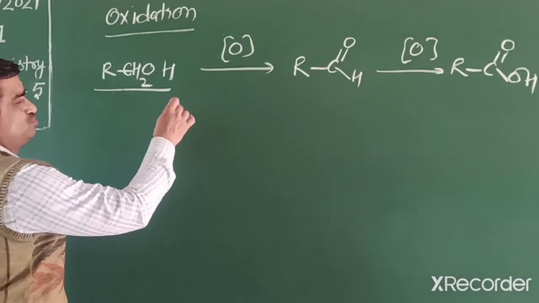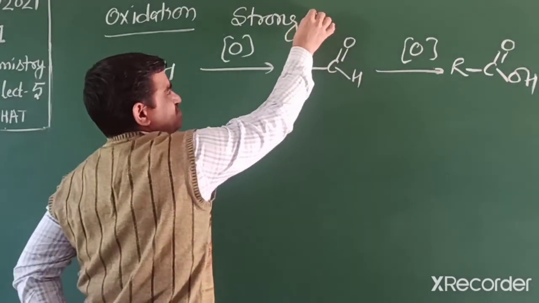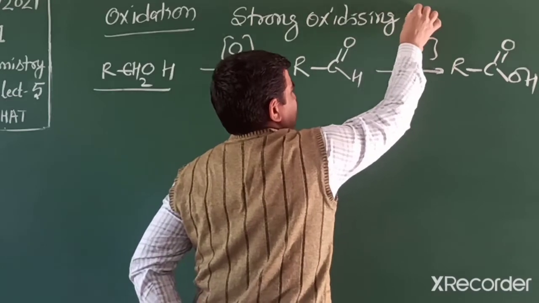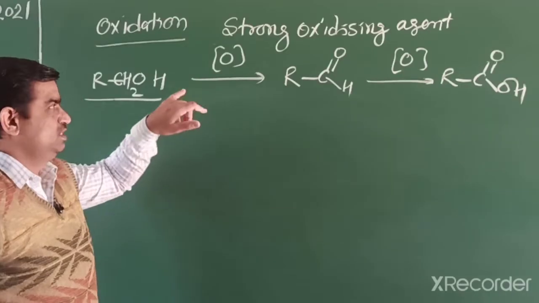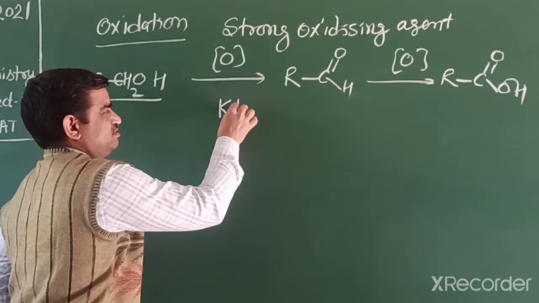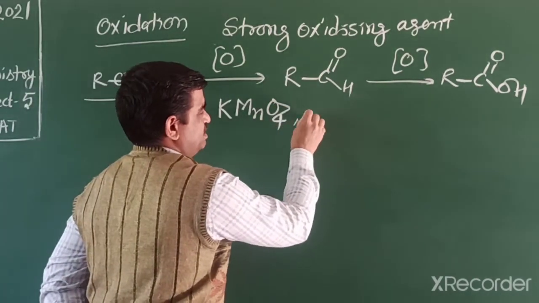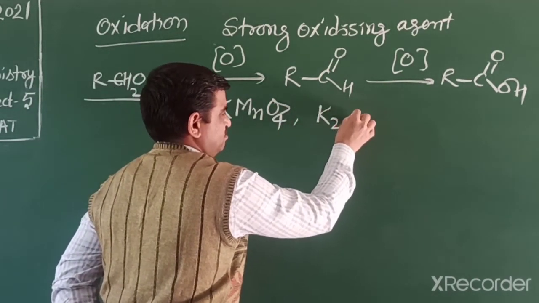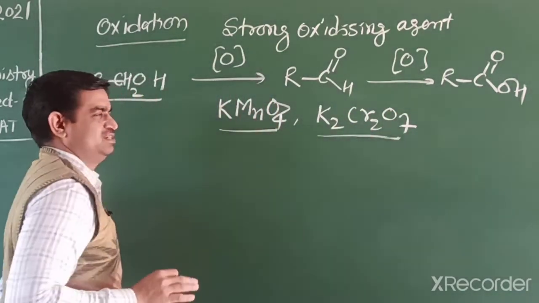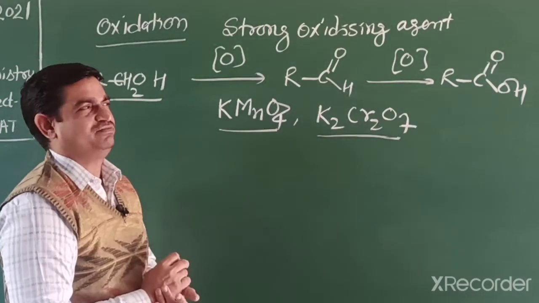If the reagent is a strong oxidizing agent, like potassium permanganate or potassium dichromate, these reagents are very strong and can be used in either alkaline or acidified medium.